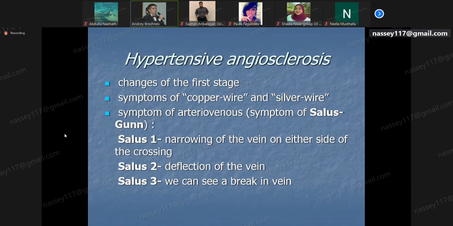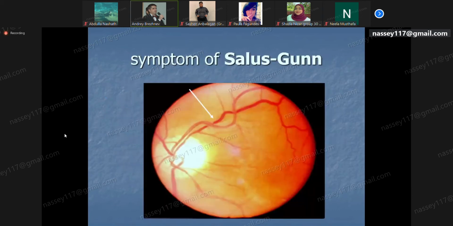The first grade of this symptom is characterized by narrowing of the vein on either side of the crossing. Salus 2 is characterized by deflection of the vein, and in Salus 3, we can see a sort of break in the vein ophthalmoscopically. Now, here you see this symptom.